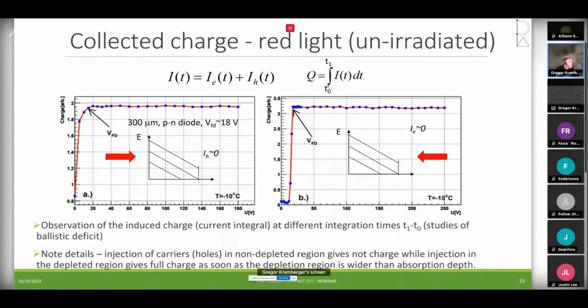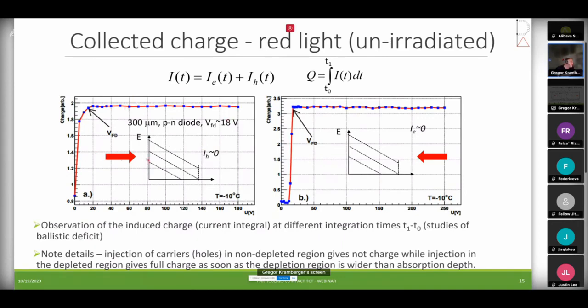So if your electronics in real life will integrate your signal only 20 nanoseconds, then you can see how much charge you can lose if your signals are longer. All these things are immediately obtained from the shape of the current.